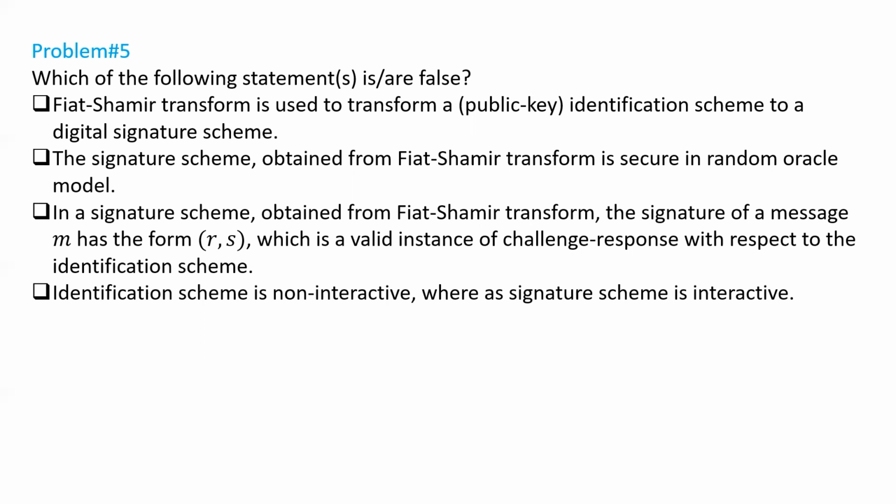So here, the signer has to imitate the role of a verifier itself. The verifier's job was to sample a uniform random challenge from the challenge set. That was the case in the identification scheme.